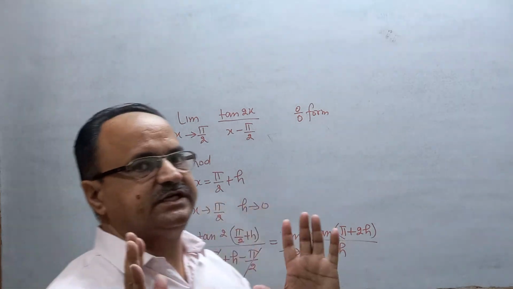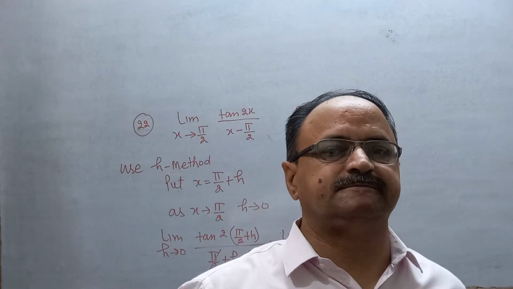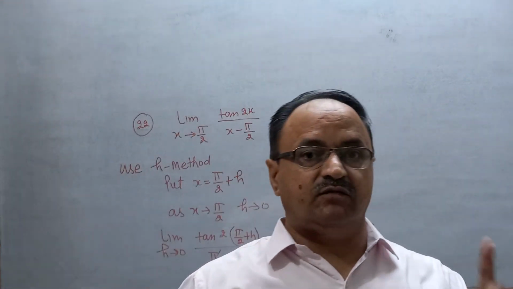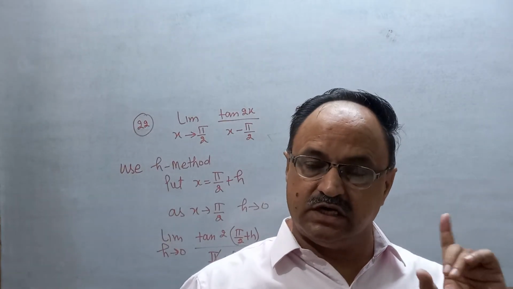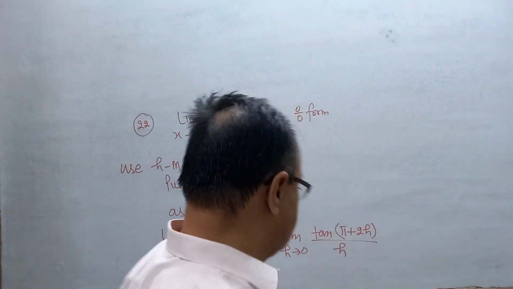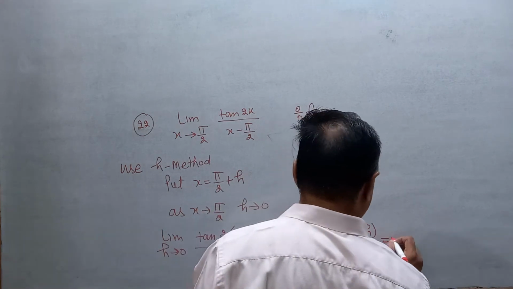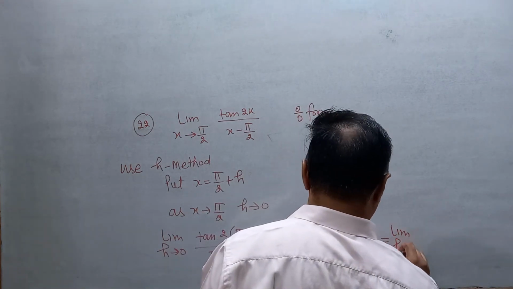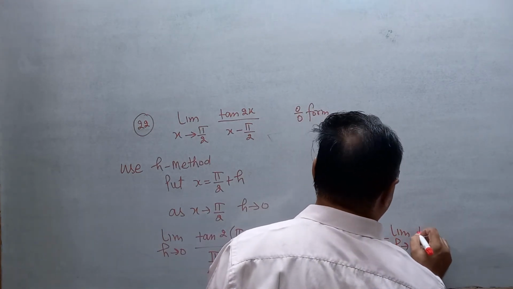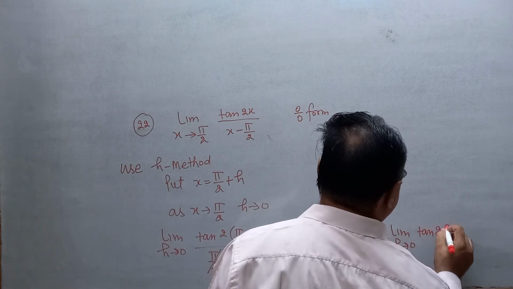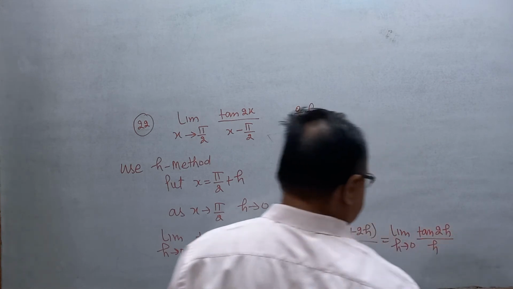Tan (180 plus theta). Can you tell me tan (180 plus theta)? Tan (180 plus theta) lies in the third quadrant. In the third quadrant, tan is positive. Therefore, you can say limit h approaches 0, tan 2h by h.